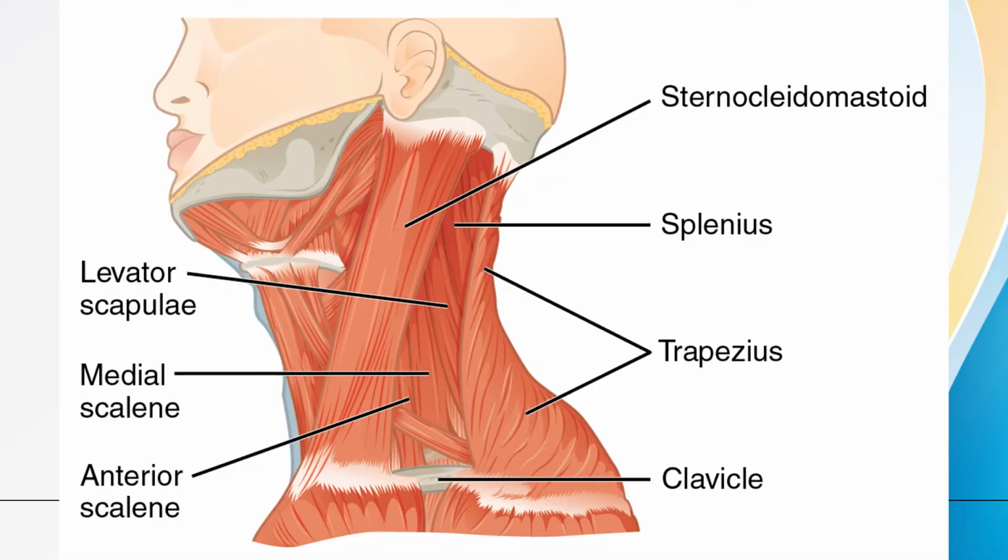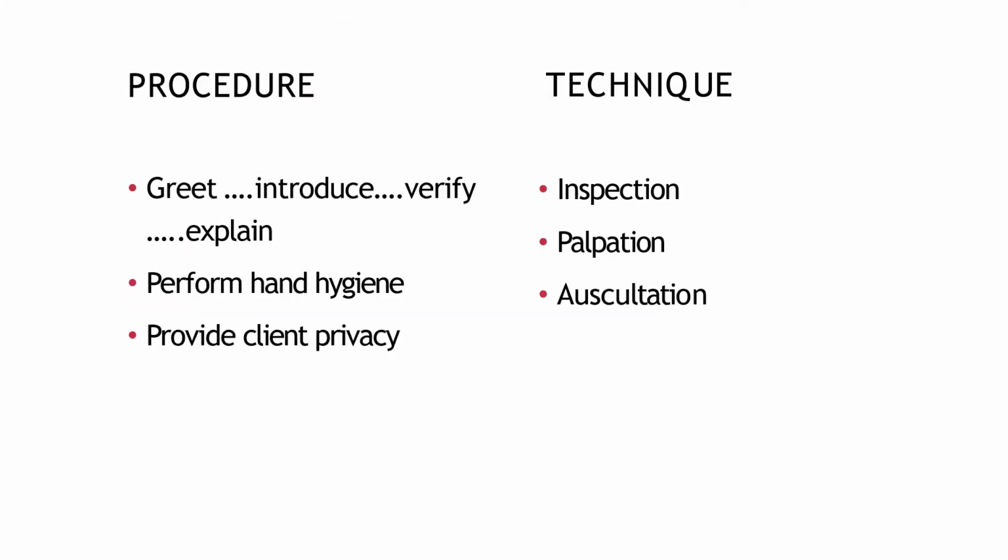The major muscles that make up the neck are the sternocleidomastoid and the trapezius muscles. Others involved are your splenius, levator scapulae, medial scalene, and the anterior scalene.